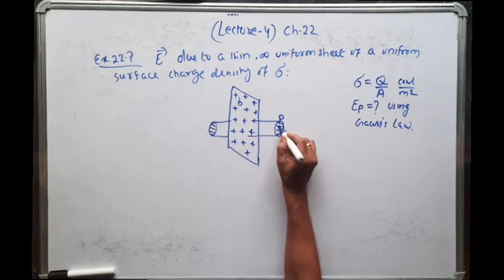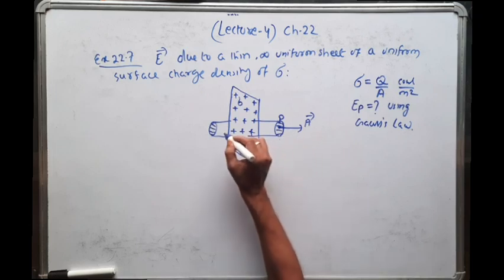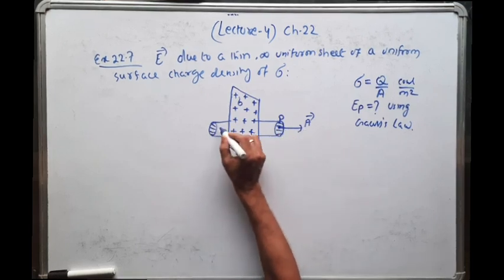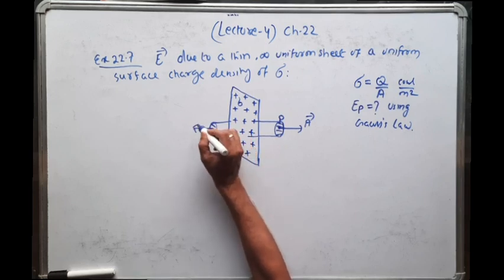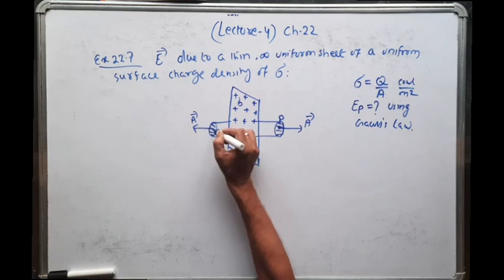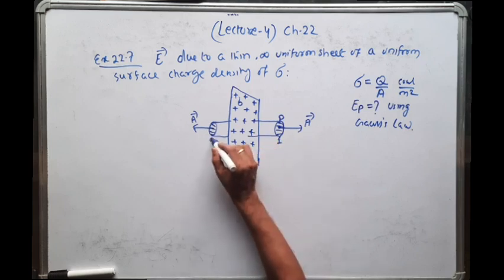What is the area vector? The area vector is always perpendicular to the surface and always outward. For this Gaussian cylinder, the area vector is away from the surface and normal to the surface. Let us say this is surface area 1 and this is surface area 2.